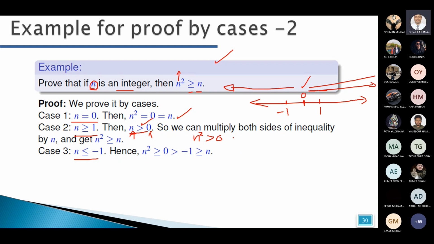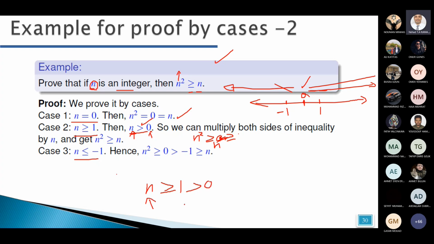And this one is more than or equal n. So when we take this and multiply each side, this means n is more than or equal 1, which is more than 0.